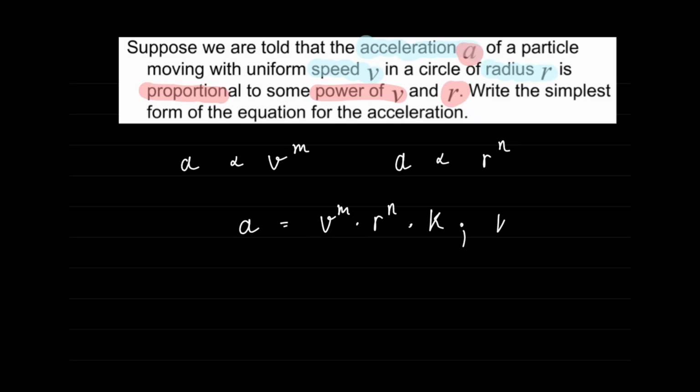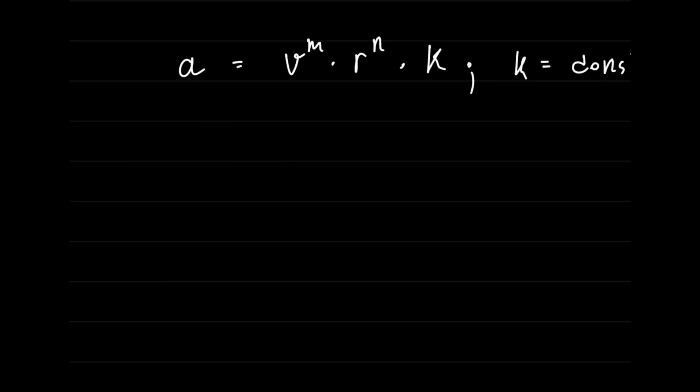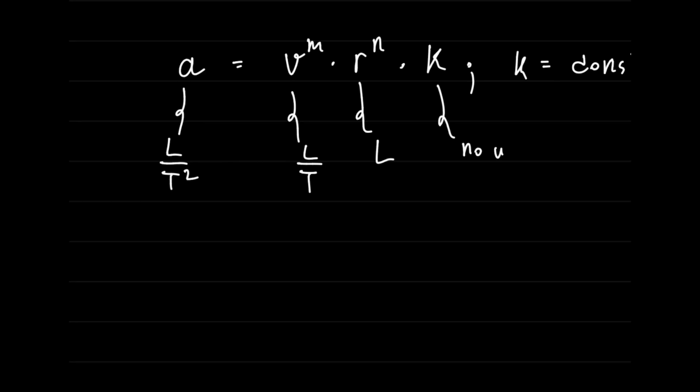So k is a constant. Acceleration has the dimension of length over time squared, and speed has the dimension of length over time, and r has the dimension of length, while k has no units.